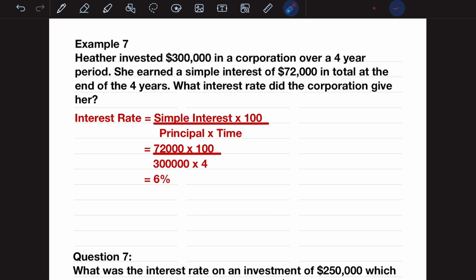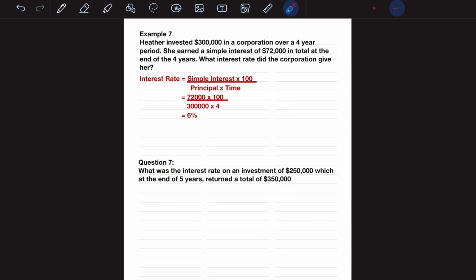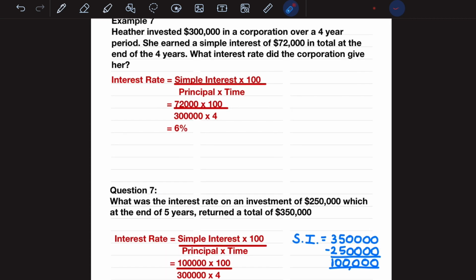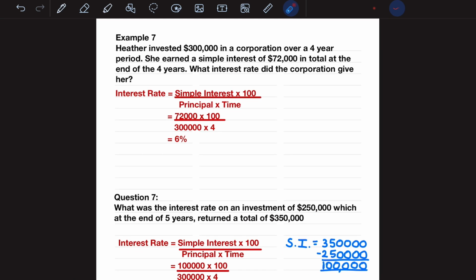All right, let's resume. Right, so the difference is we were given the total in this one and we were not given the simple interest.